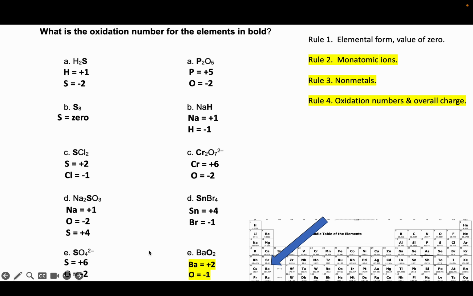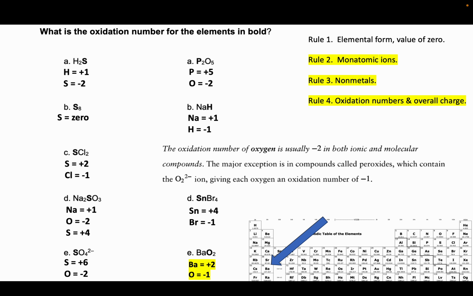This is going to be a relatively rare occurrence for us. But if barium's +2, each of the oxygens could be -1. This illustrates this point right here. The major exception for oxygen is when it's in what's called a peroxide, where it is this O2 2- anion. We won't encounter that very frequently, but that's what this is illustrating.